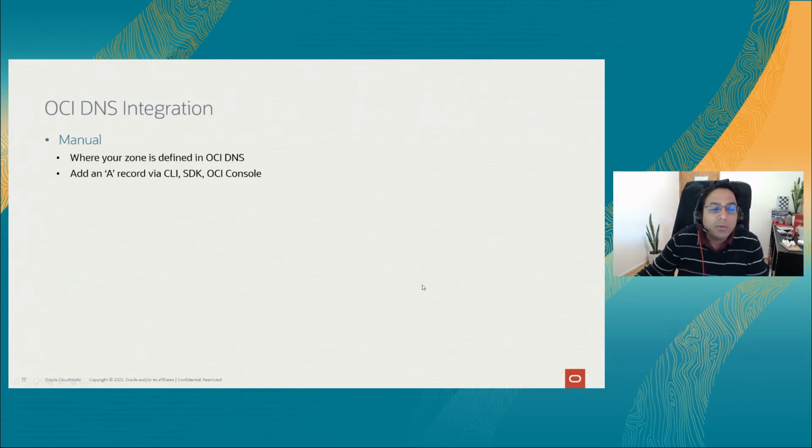How do you integrate the two? Well, the easiest way, if you're not going to change this very often, is to use a manual method, which means that if your zone is defined in OCI DNS, you can add an A record by the CLI, the SDK, the OCI console, or even Terraform.